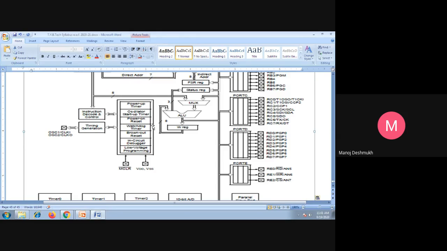See, in that case brownout reset will occur only if your supply voltage is less than 2 volt for a minimum duration of 38 milliseconds.